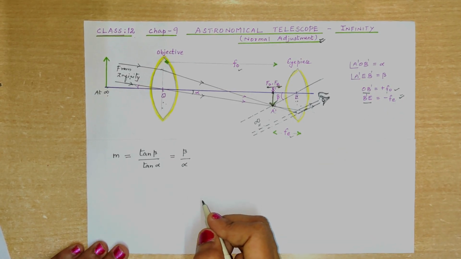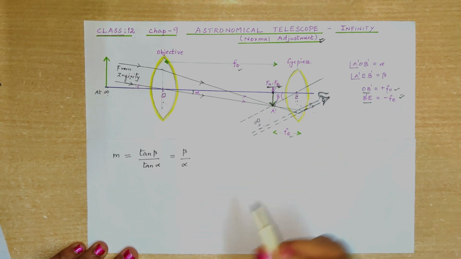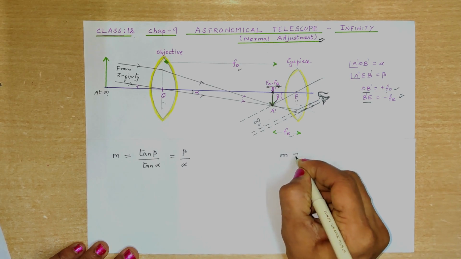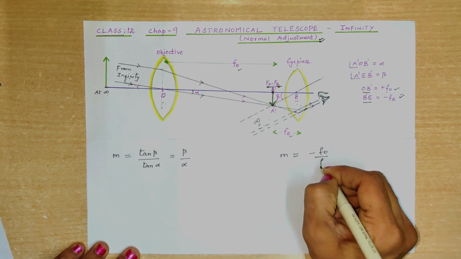And we have written the formula m is equal to beta by alpha. When we substitute these values, we must get the final expression, that is m is equal to minus FO upon FE.